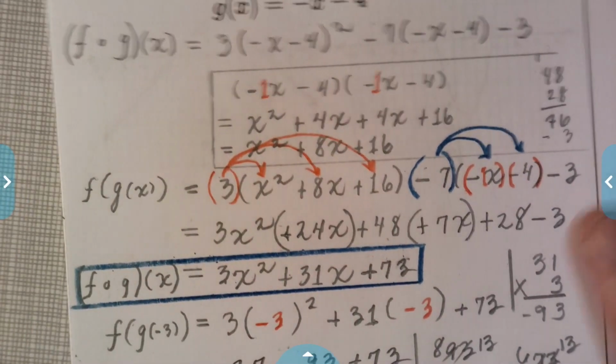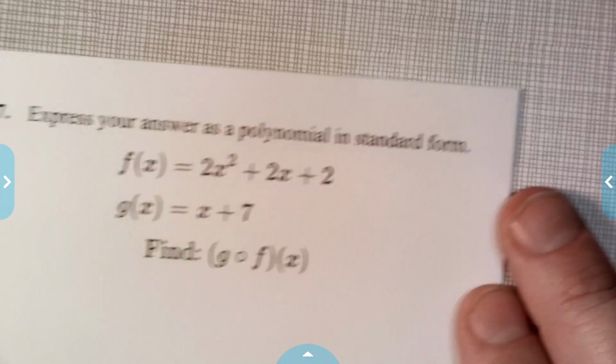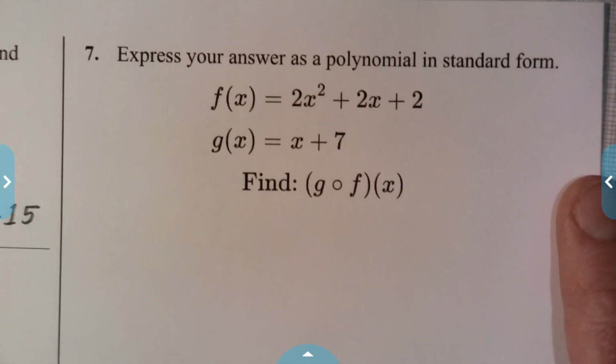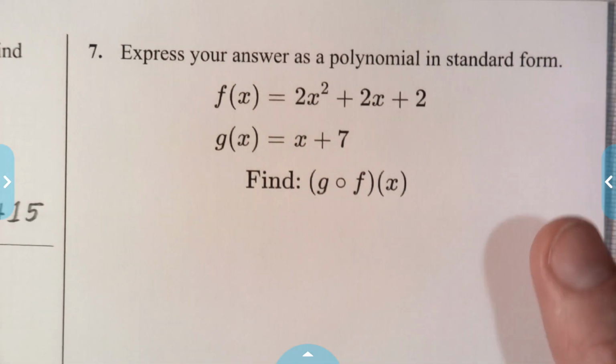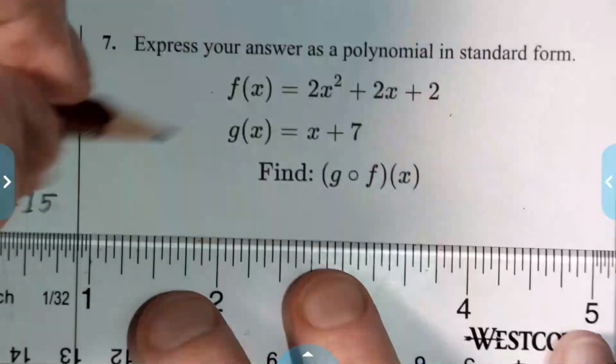All right. Number 7. Express your answer as a polynomial in standard form. Okay. That just means ordered by degree. g of f of x. Okay.